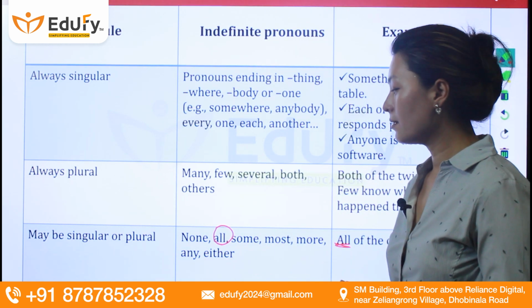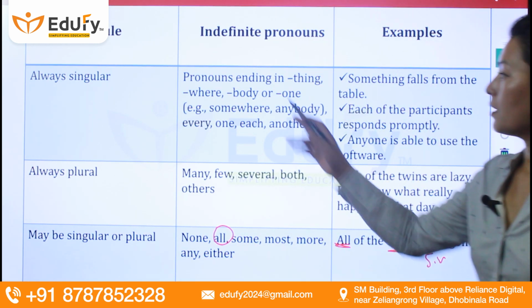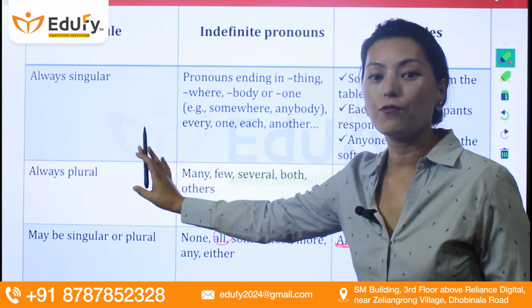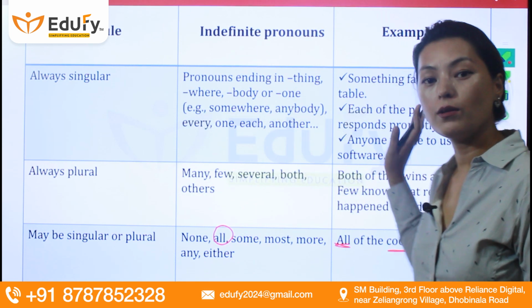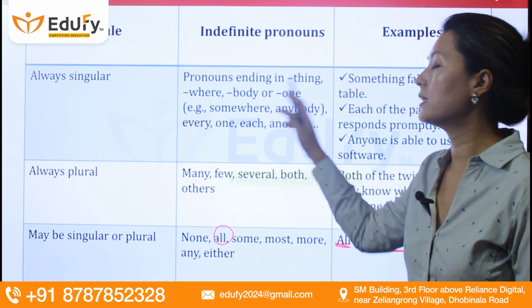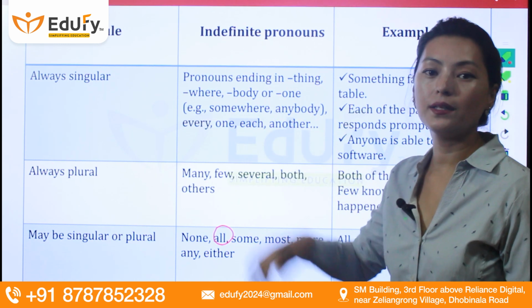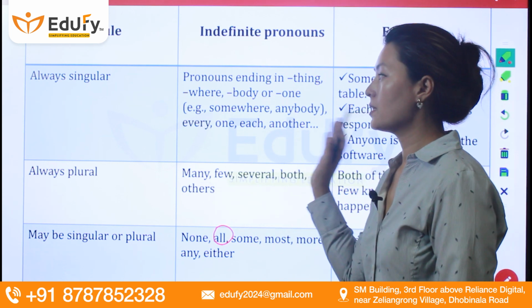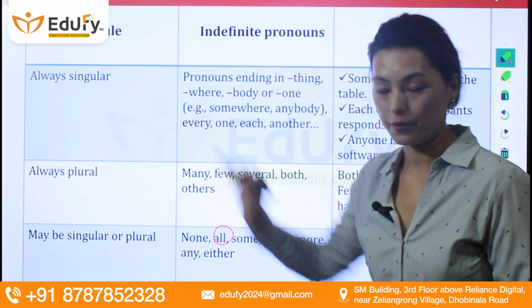So you understand three things. Some pronouns are considered singular, and therefore the verbs that come with them will always be singular. Words like something, somewhere, somebody, anybody, each will all be considered singular.